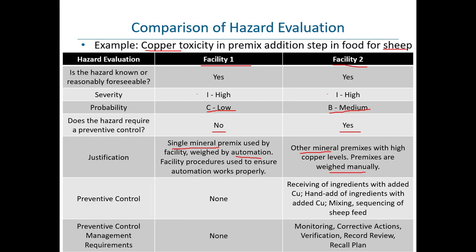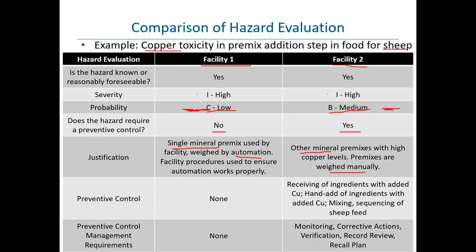Okay, so there's a human error factor in facility number 2 that could increase the probability. So these aren't even GMPs, but these are manufacturing processes, regular operating procedures that are driving this probability to be lower in a facility with automation and a single premix versus a facility using humans and other mineral premixes.